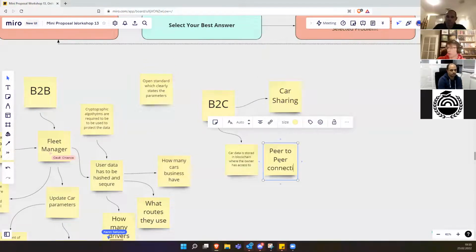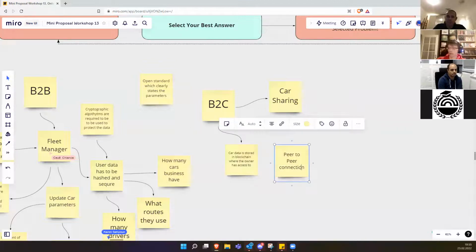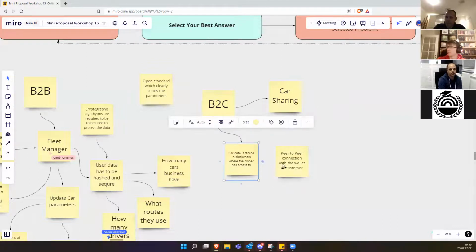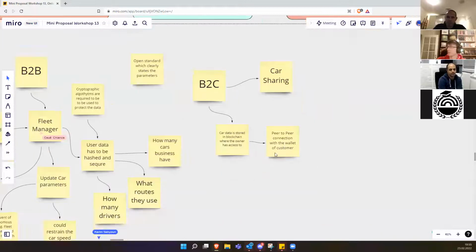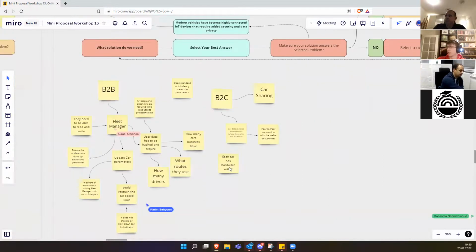So I guess it's a peer-to-peer connection with the person he is sharing the car with. Yes, a connection between the wallet of the customer and the wallet of the car. And our goal is also to make a hardware wallet for the cars. We're working on that. That's interesting to point out.